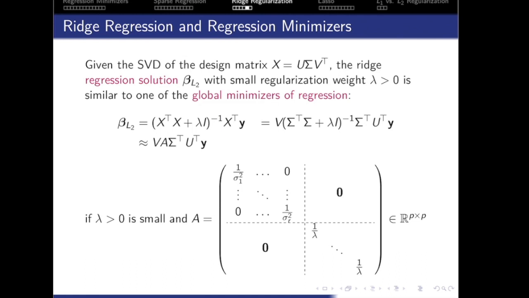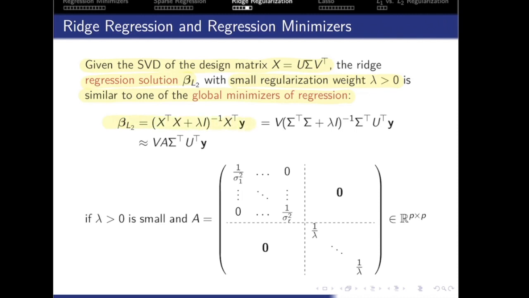Now, the ridge regression minimizer is actually connected to the regression minimizers we have derived by SVD. So if we have the SVD of our design matrix, U sigma V transposed, then the ridge regression solution beta L2 with a small regularization rate lambda larger than 0 is similar to one of the global minimizers of regression. So we had just derived that beta L2 has this form here.